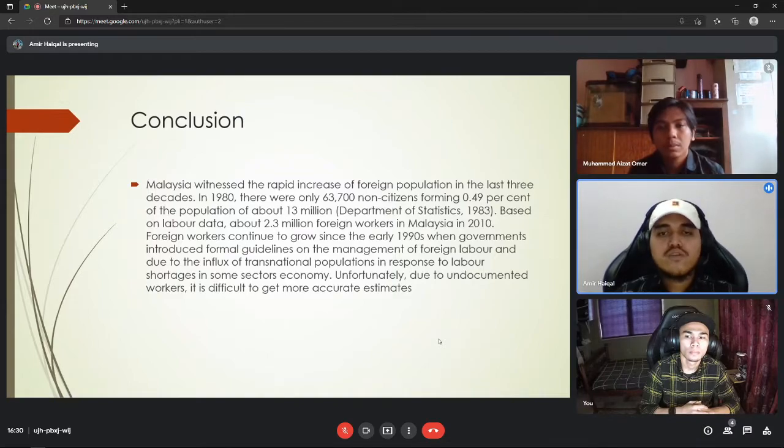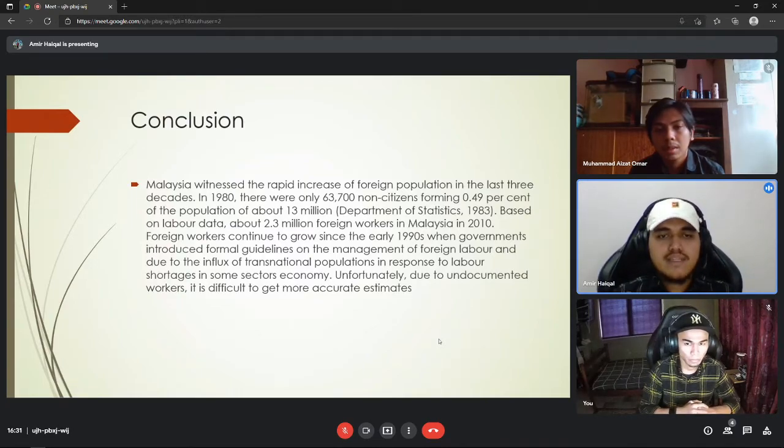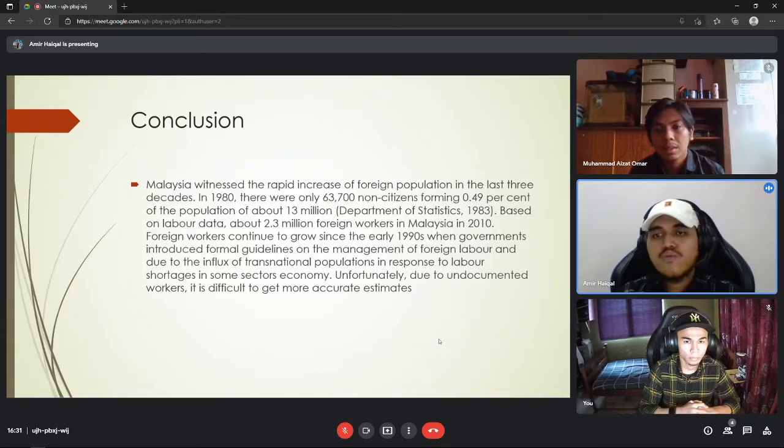Foreign workers continue to grow since the early 1990s when the government introduced formal guidelines on the management of foreign labor, and due to the influx of transnational population in response to labor shortage in some economic sectors. Unfortunately, due to undocumented workers, it is difficult to get more accurate estimates.